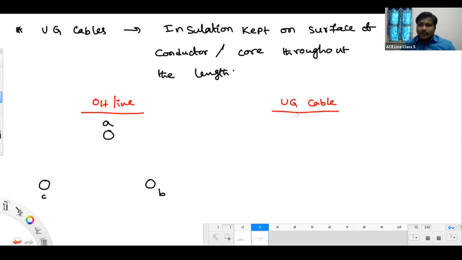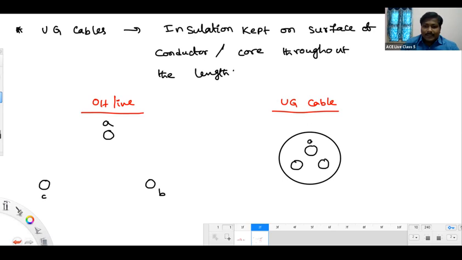In case of cable also we have three conductors. But on the surface of the three conductors, we keep insulation in a closed casing. Let me show that. This is the outer closed casing, and inside this we have conductors: phase A conductor, phase B, and phase C conductor.